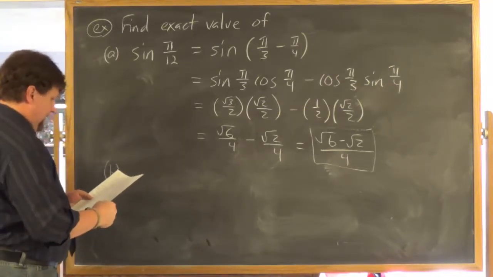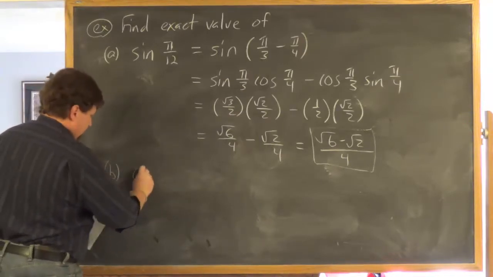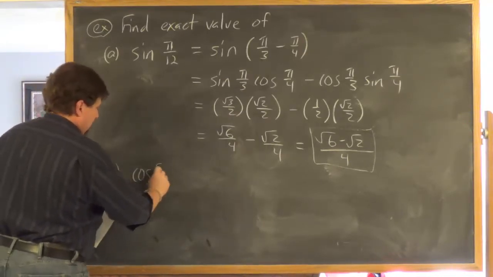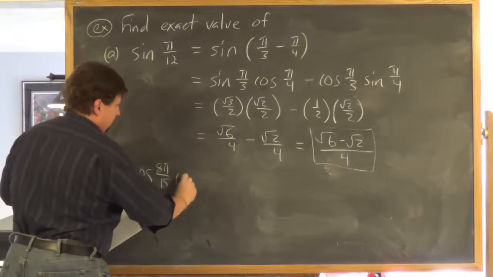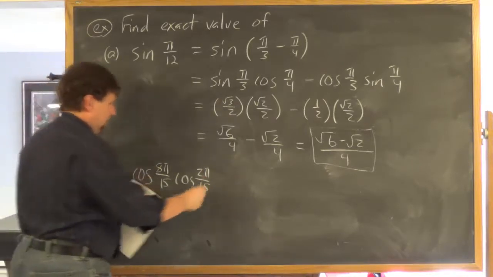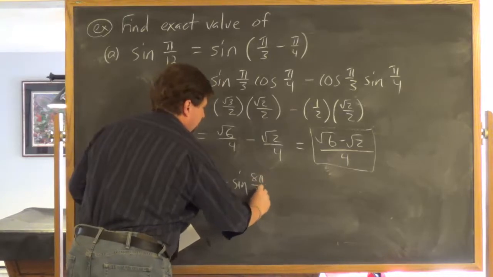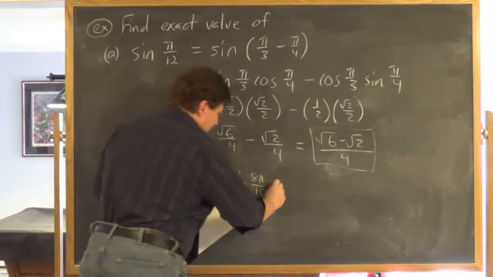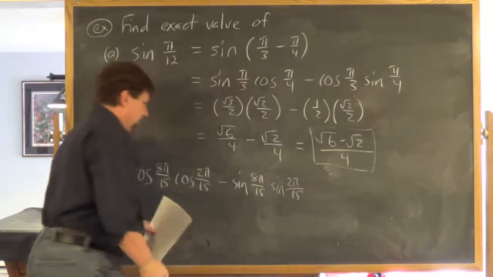Let's say you're asked to do the cosine of 8 pi over 15 times the cosine of 2 pi over 15 minus the sine of 8 pi over 15 times the sine of 2 pi over 15.